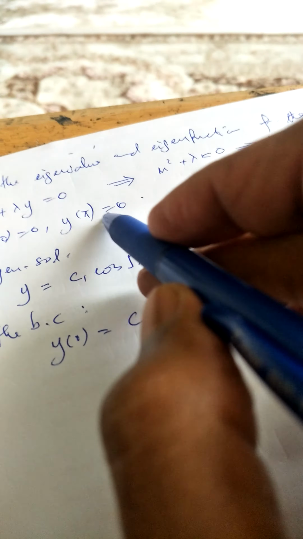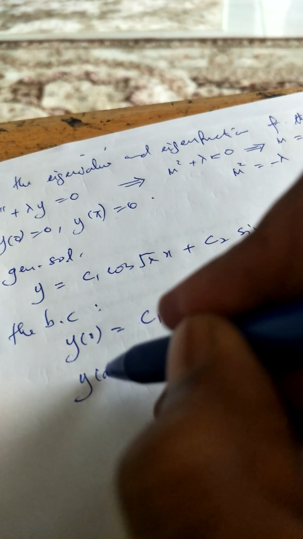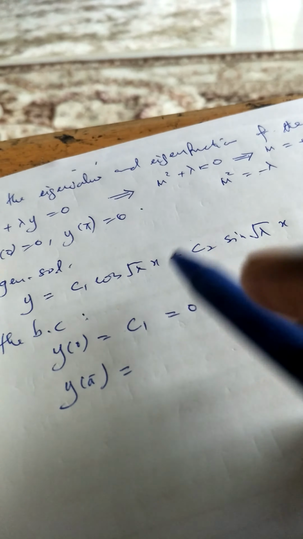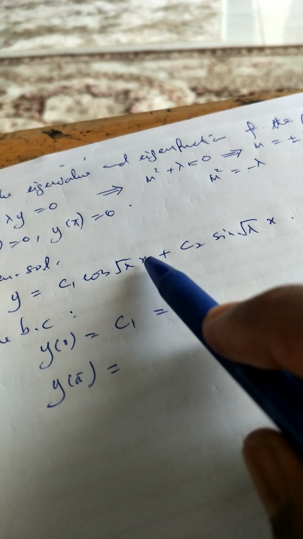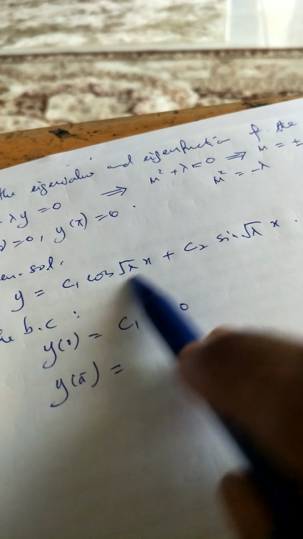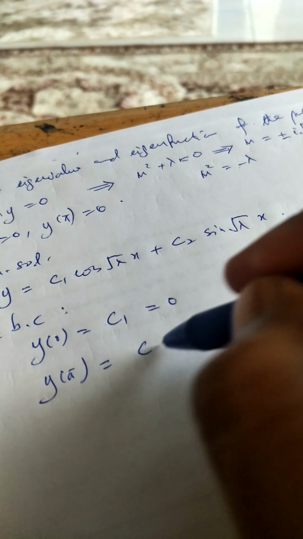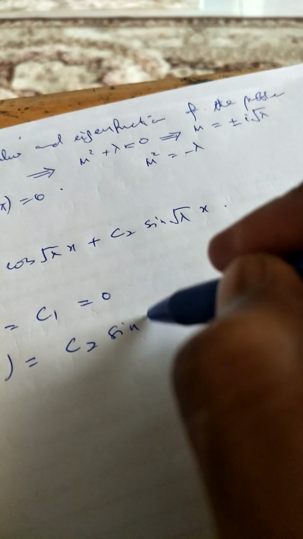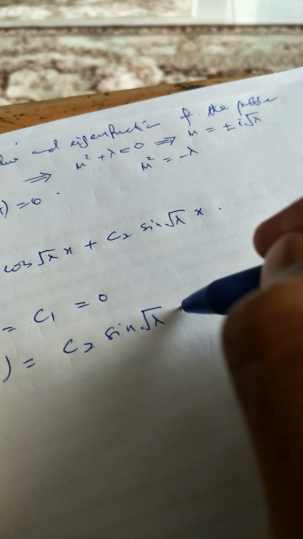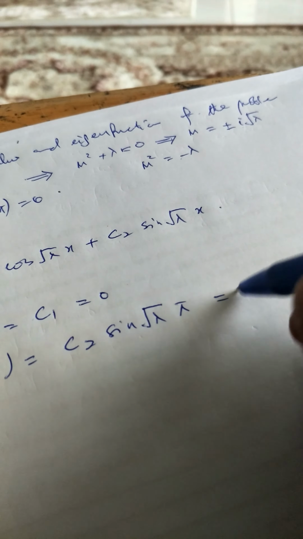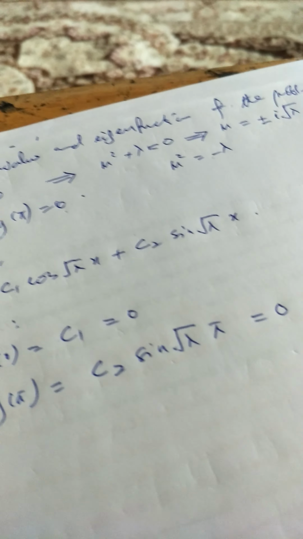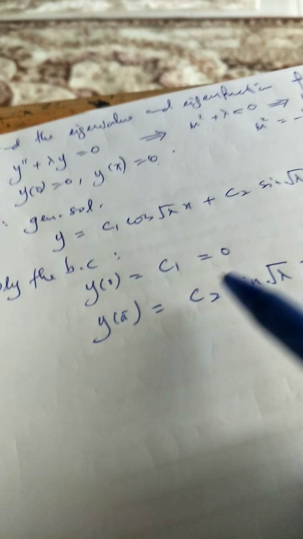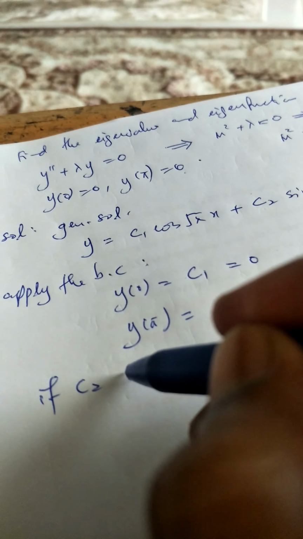And the second boundary condition, y(pi) equal to 0, with c1 equal to 0, gives c2 sin(√λ pi) equal to 0. The 0 is from the boundary condition. Now if c2 equal to 0, that gives a trivial solution.